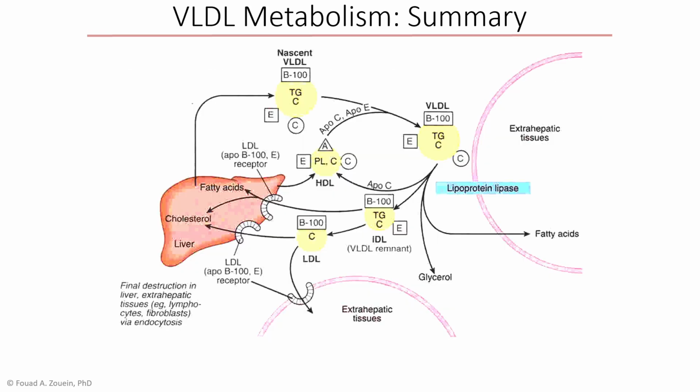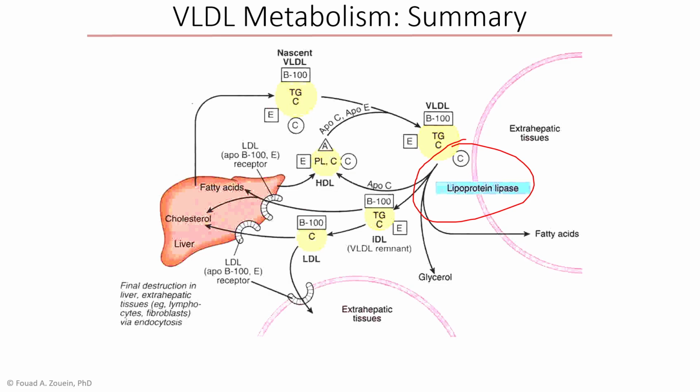This is the last slide, VLDL metabolism. It's a summary that highlights all the points we talked about: from the formation of VLDL and the importance of ApoB100 on VLDL and the C and E apoproteins acquired from HDL, to the circulation of VLDL and how it's hydrolyzed by lipoprotein lipase through the recognition and activation site of ApoC2.